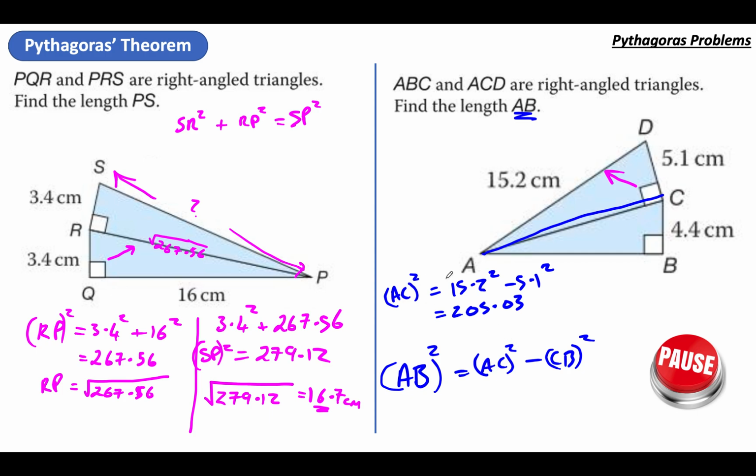Now AC squared, that's the thing I found right at the start. So I'm just going to drop that into my calculation. I don't need to square it because it's already squared, but I do need to square that side. Okay, and of course, let's make the calculator do the work again. To find AB itself, I need to square root.